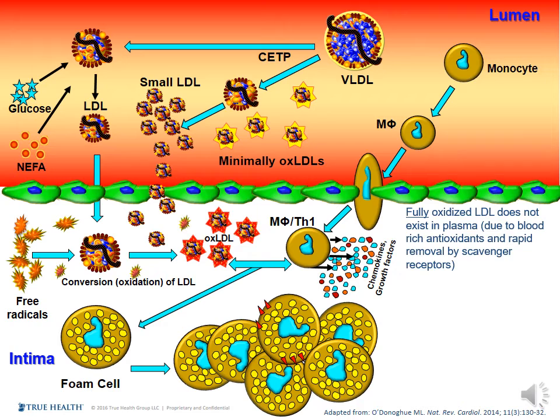What the assay really measures is what is called minimally oxidized LDL. Any LDL that becomes more completely oxidized than in plasma is virtually instantly cleared by scavenger receptors in reticuloendothelial cells, and for the most part the oxidation does not occur in plasma because plasma is enriched with multiple antioxidants.